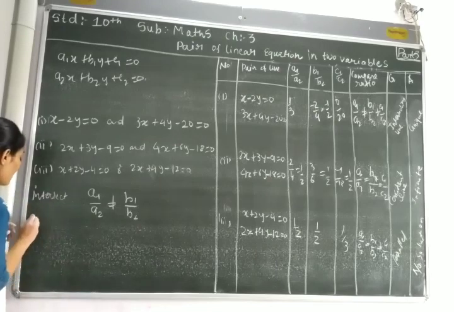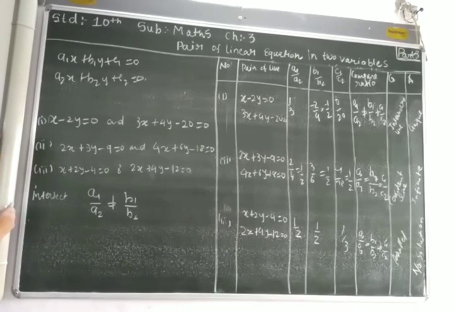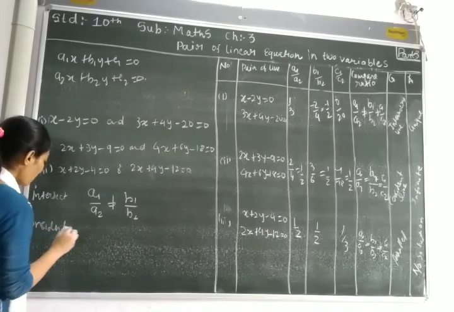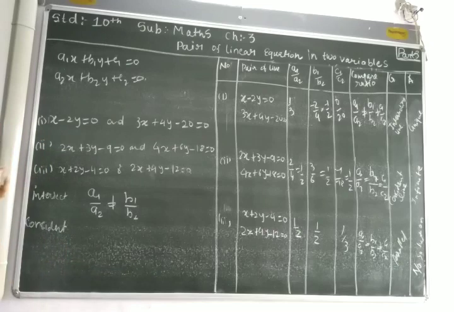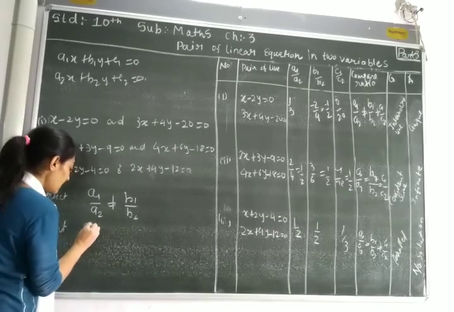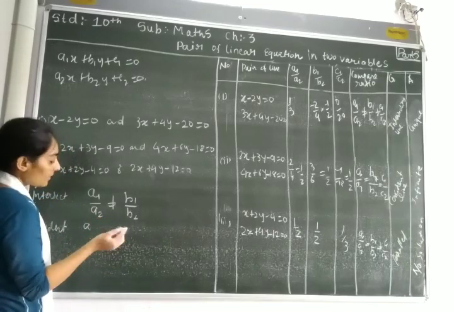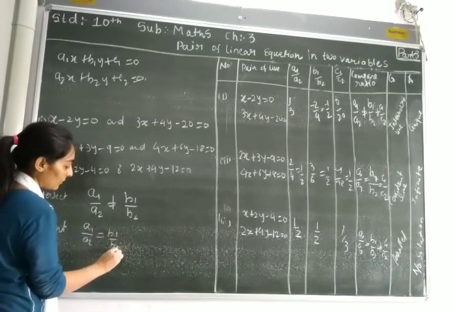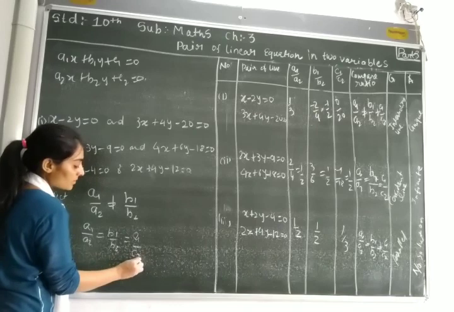Now, for the second thing we have seen, that is my coincident line. We have found that both lines are overlapping. It is A1 upon A2 is equal to B1 upon B2 equals to C1 upon C2.